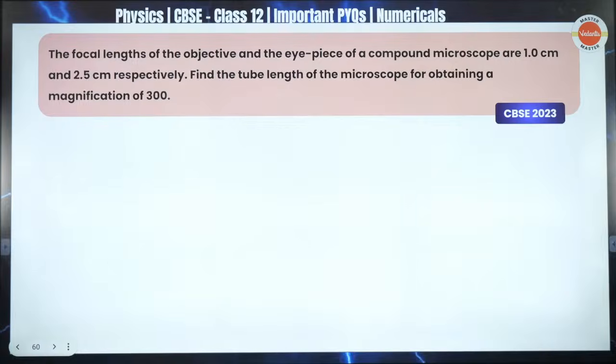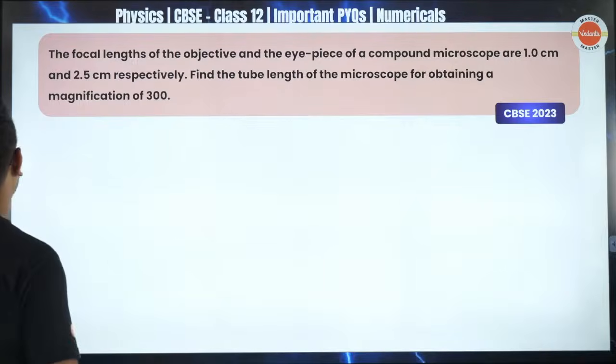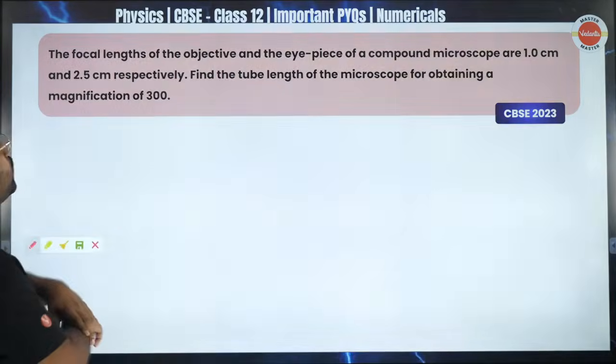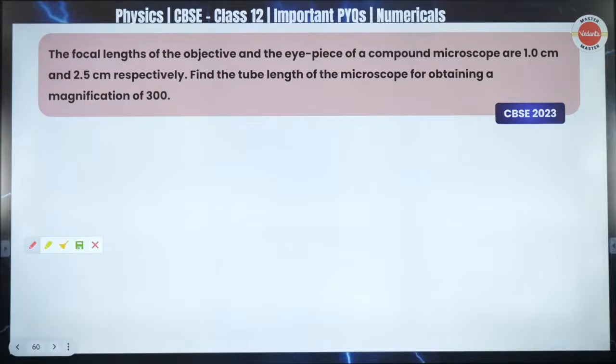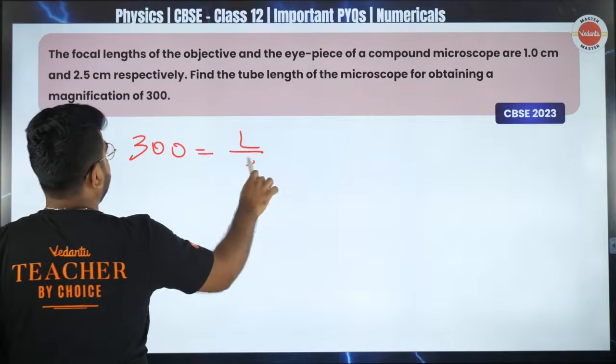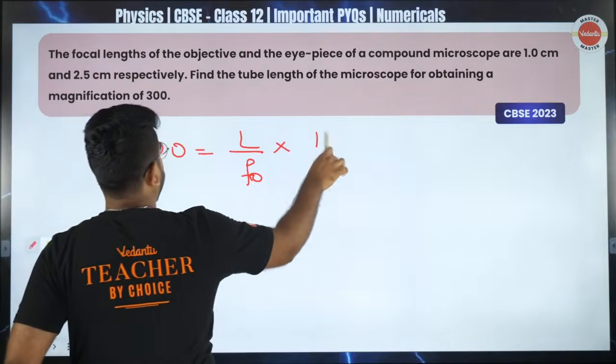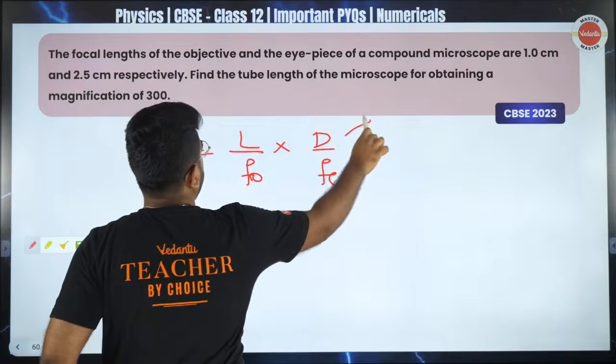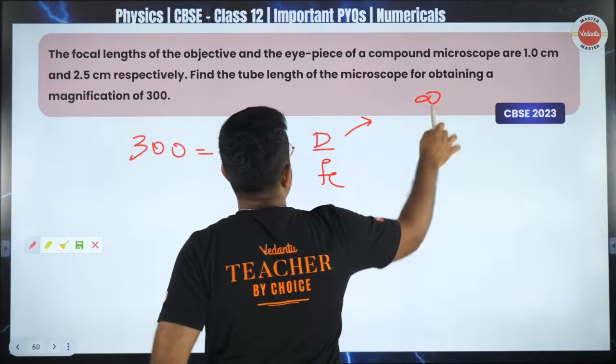The focal lengths of the objective and eyepiece of a compound microscope are 1 and 2.5. So what is the formula? Magnification is equal to L by F naught into D by Fe for infinity.